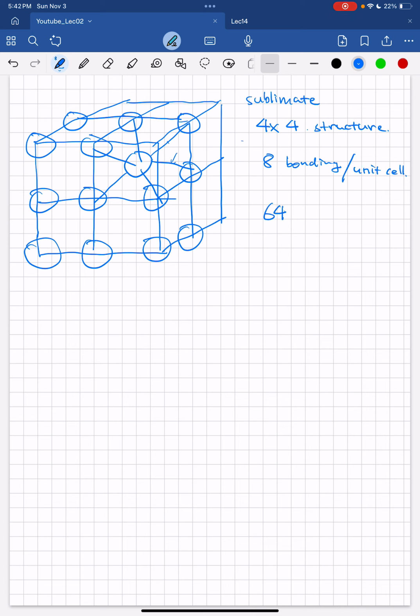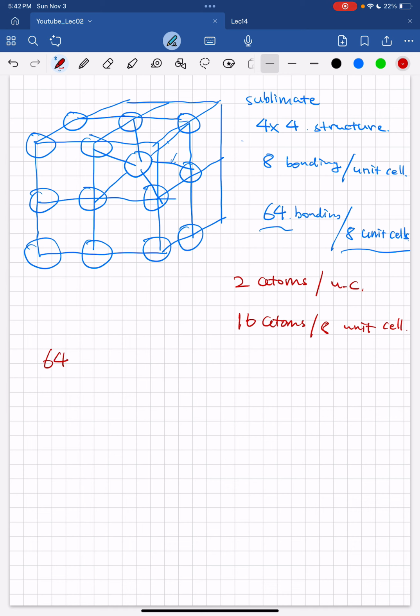And you have 64 bondings per 8 unit cells. This is how many bondings you need to cut. And there are 2 atoms per unit cell, and there are 8 unit cells, so 16 atoms per 8 unit cells.